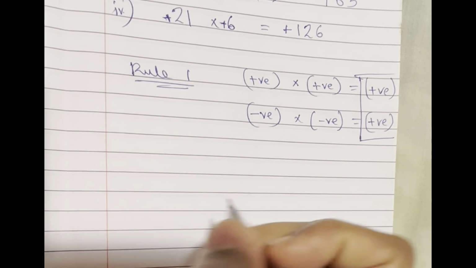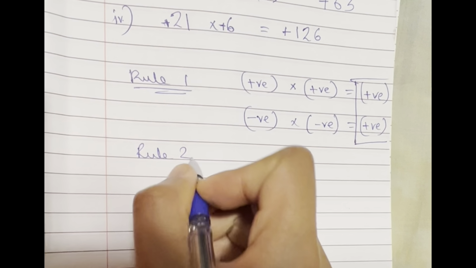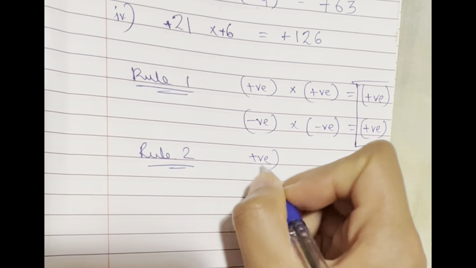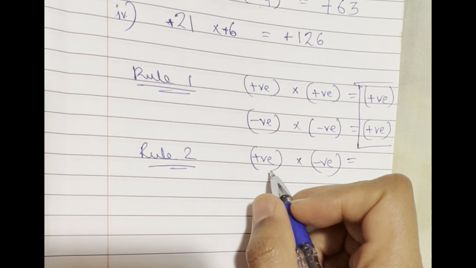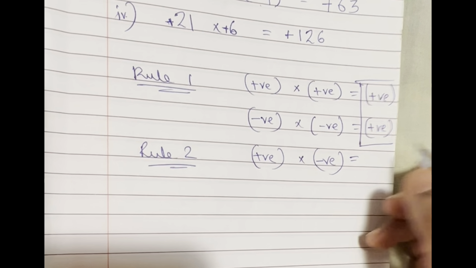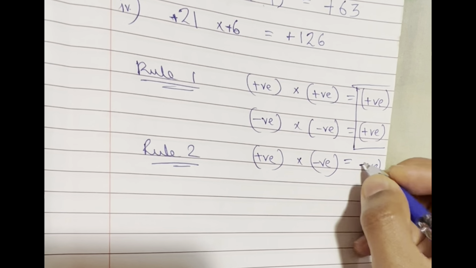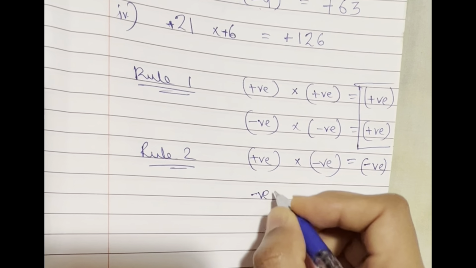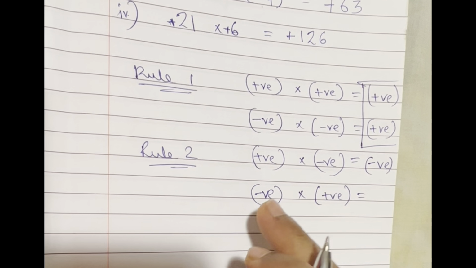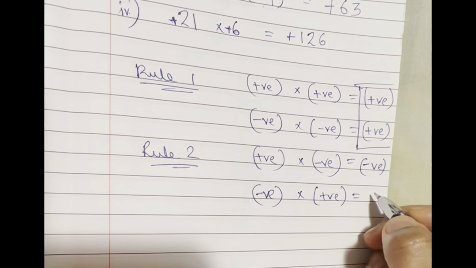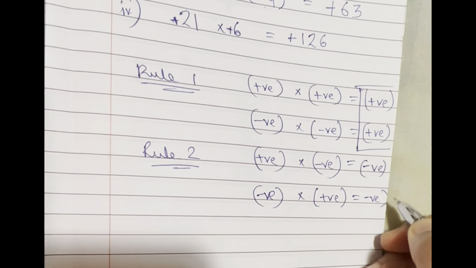That's it. And rule number 2, again, what does it say? When one is positive into one is negative, that is opposite sign. Plus minus, what will become? Equals negative. Similarly, when one is negative and the other one is positive, same, see, opposite sign. Yeah, minus and plus will be minus.